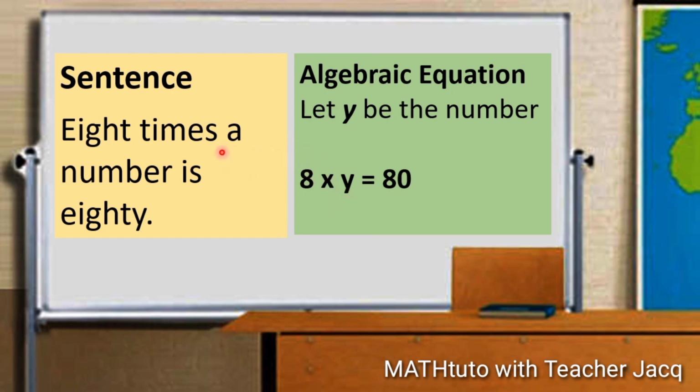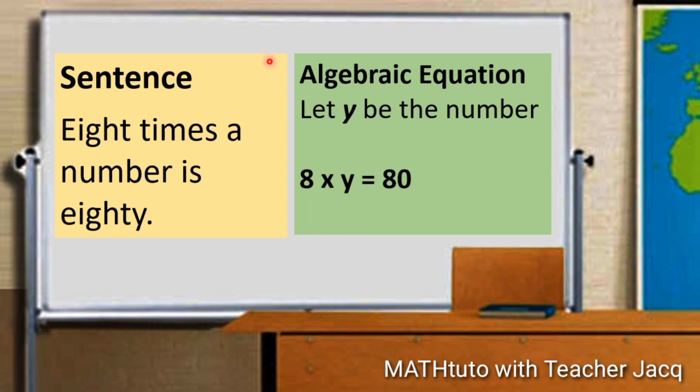So, change natin siya ng a number. So, meron na tayong 8 times a number or 8 multiplied by a number is, yung equals pwedeng is or is equal to, and then yung word na 80.